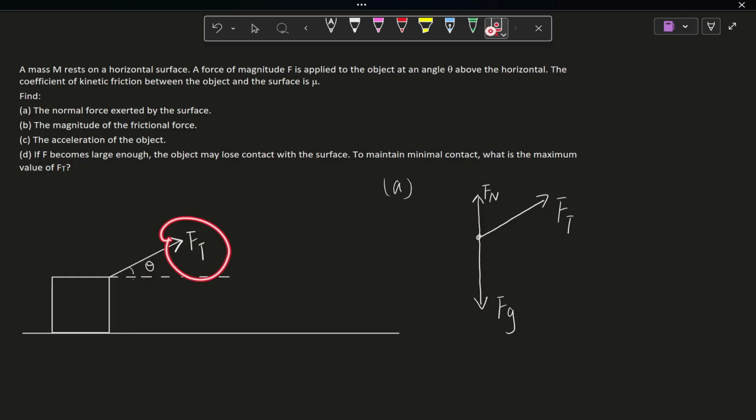Since the Ft is pulling the object, and the friction is not negligible in this question, there's definitely a friction force. The friction force will be pointing that way since it is opposing the direction of the movement. So let's also draw it on the graph.